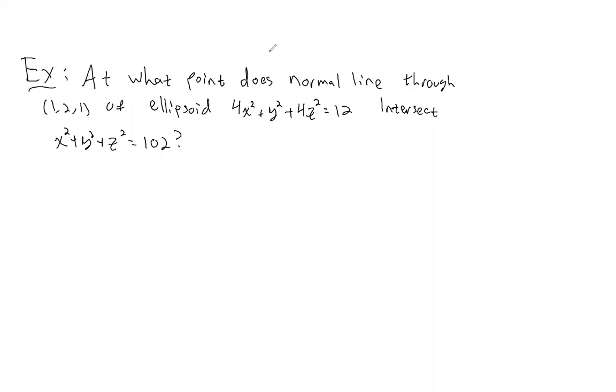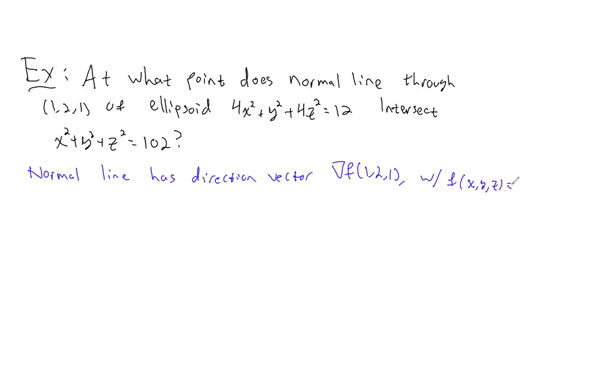So to answer this question, first of all, we need to find what the normal line is. And the direction vector is going to be given by the gradient of f at the point 1, 2, 1. And as usual, we say that f of x, y, z is 4x squared plus y squared plus 4z squared.